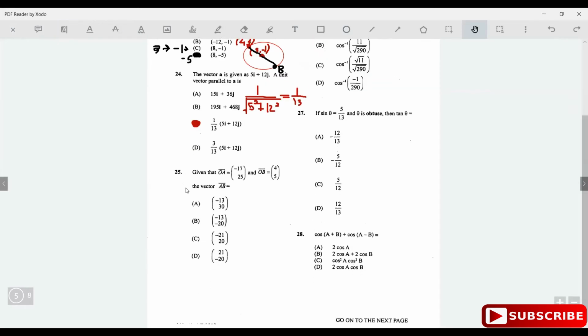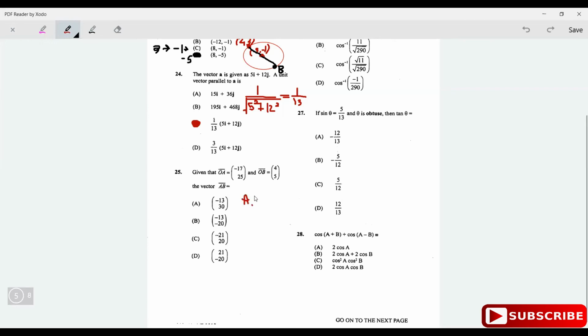All right, now this says, given that OA is this and OB is this, find vector AB. So to find vector AB, we have to remember that vector AB is OB minus OA. Always remember that vector AB is equal to OB minus OA.